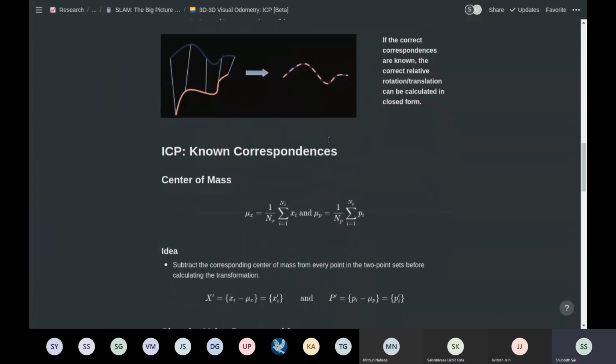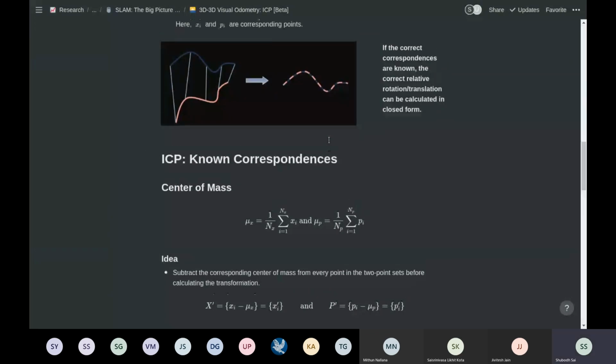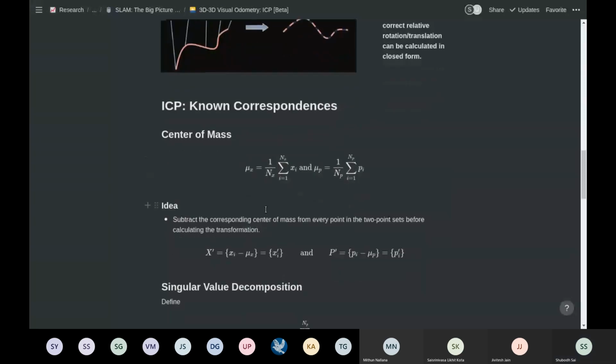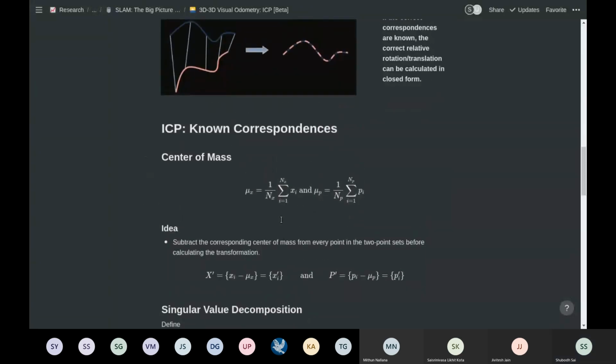So the method that you employ for finding your R and T in the case of known correspondences is, firstly, you find the center of mass. Intuitively, the reason you want to find the center of mass is because, let's say you're looking at a circular object, and there's a paint mark at the edge of that circular object.